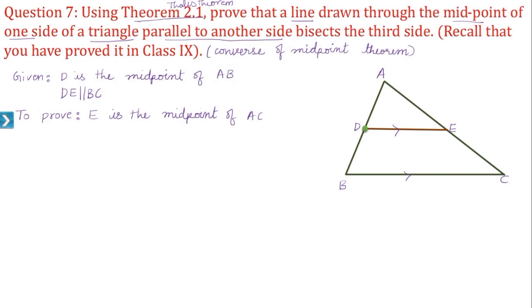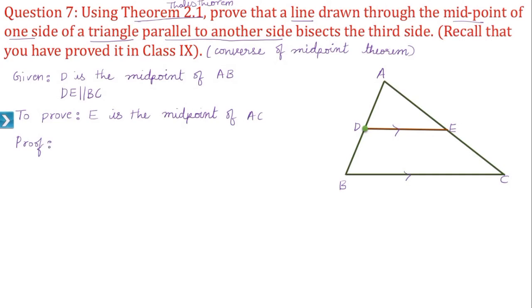Now let us prove this by using Thales theorem. Now in the figure, triangle ABC, DE is parallel to BC, so we can apply Thales theorem.